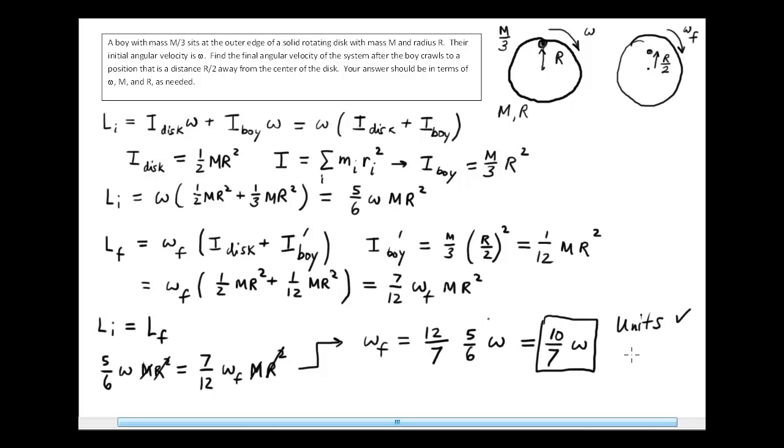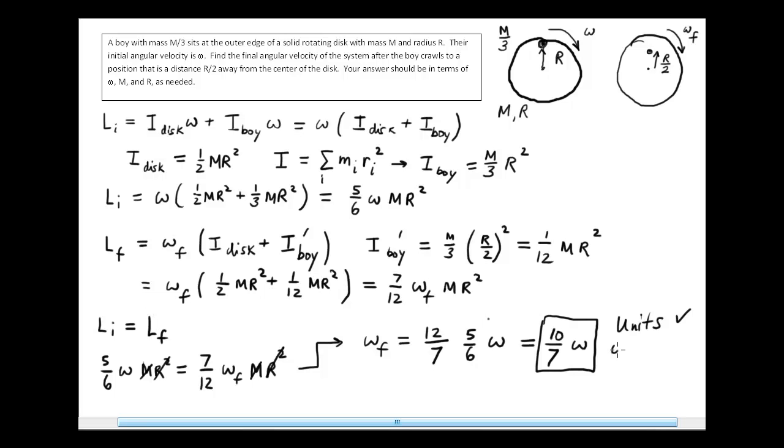As far as the magnitude goes, if we look at the problem, what's happening, of course, is the boy is crawling in toward the center. And that means the moment of inertia that he has is decreasing. He's getting closer to the axis. And just looking at the conservation of angular momentum and thinking about examples that we're familiar with, like a figure skater, if the moment of inertia is reduced, then in order to compensate for that, the angular velocity has to go up.